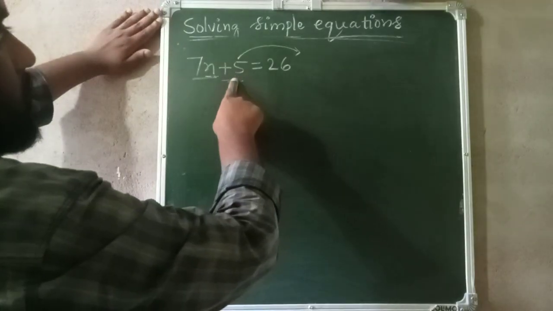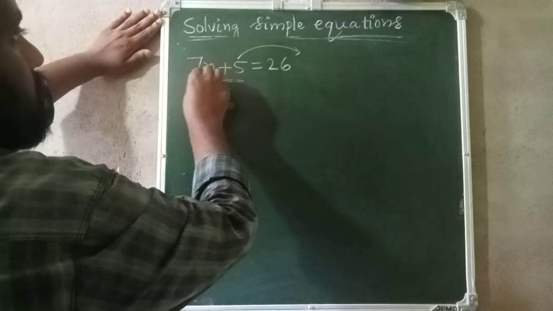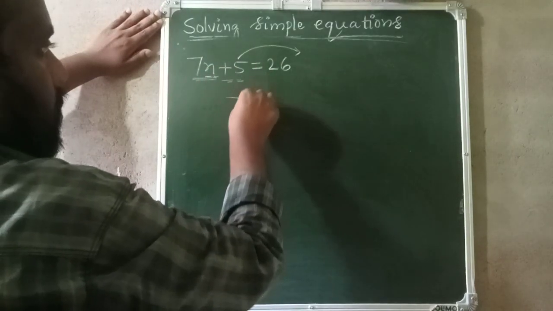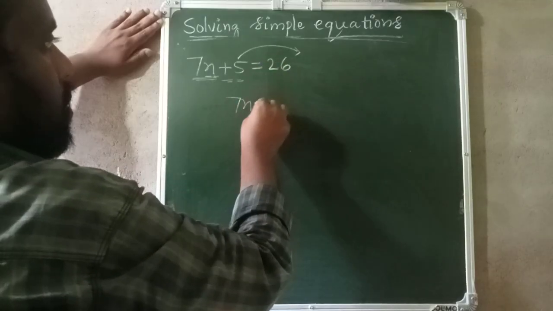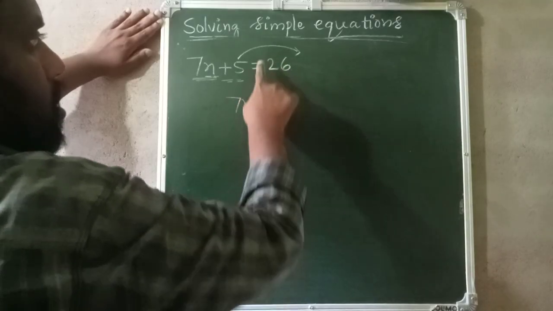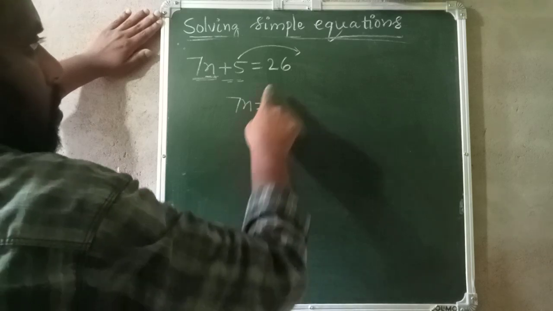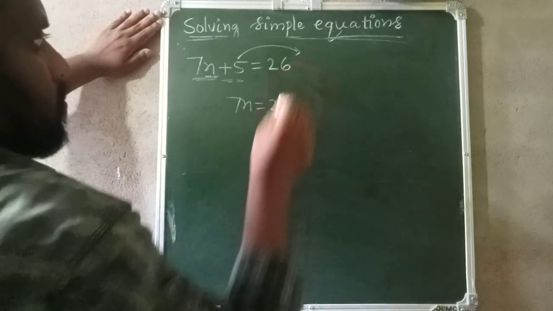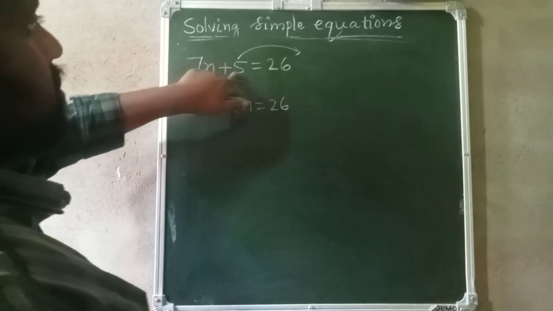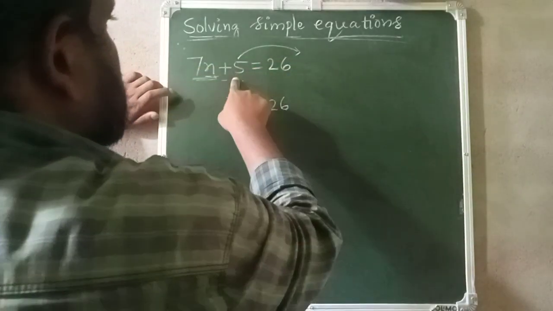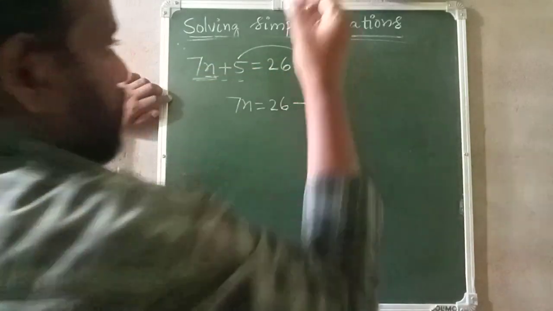So before moving this plus 5 to this side, write this 7n as it is, equal. The equal sign should be in one line. Now 26 you write as it is. Now when this plus 5 is moved to this side, this plus 5 becomes minus 5.